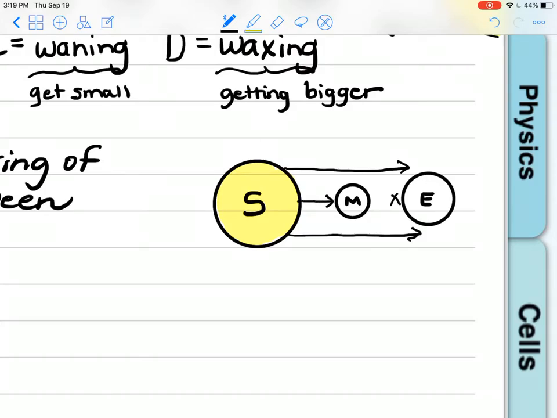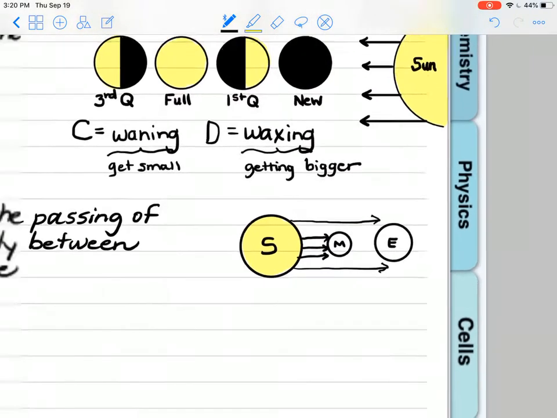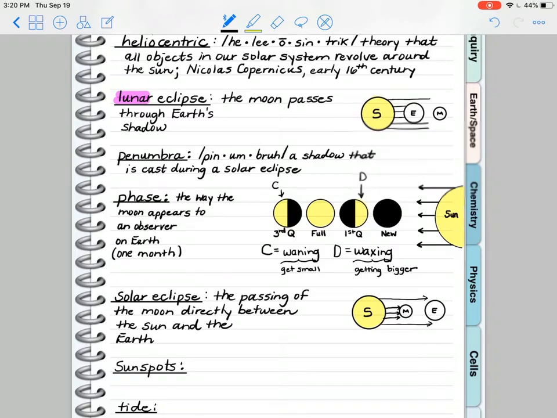You are not going to be able to see those rays because the moon is in the way. That is a solar eclipse. For that position on the earth right there, those rays are being blocked out. So you have a solar eclipse when you have that particular situation, as opposed to the lunar eclipse when the earth is in the middle.